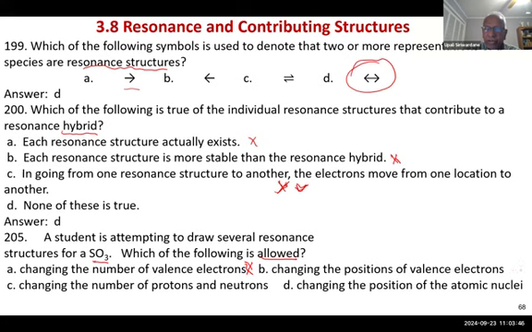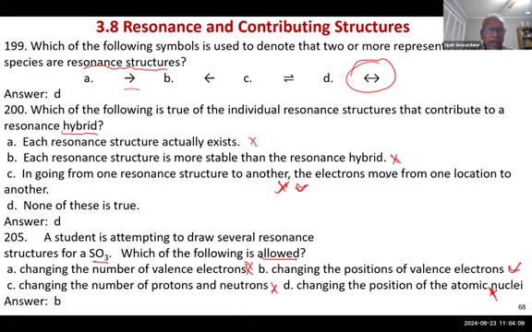That's possible, like here we have this problem. The change in the number of protons and neutrons? No. Atomic nuclei are never changed. Therefore, only B is the correct answer.